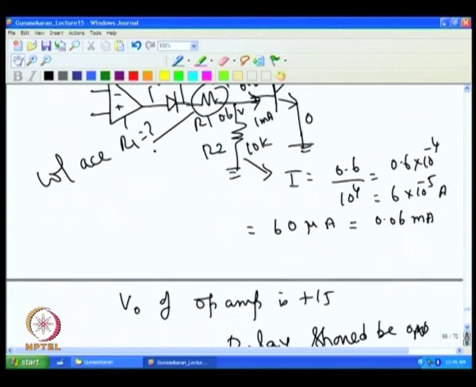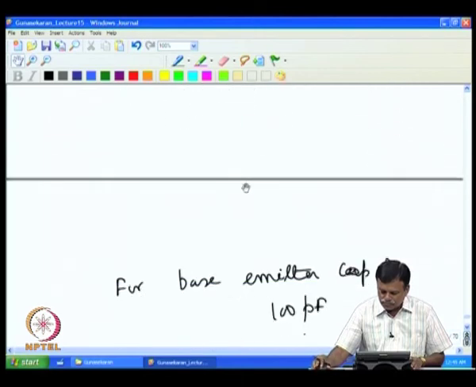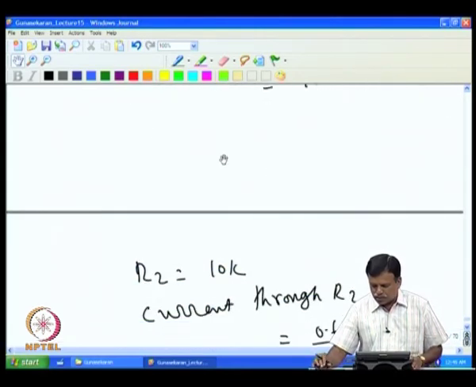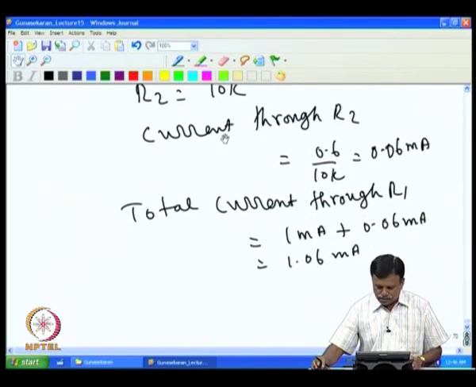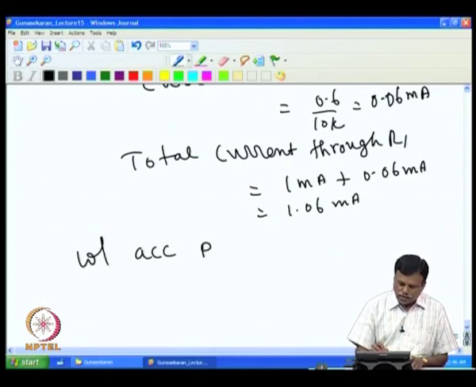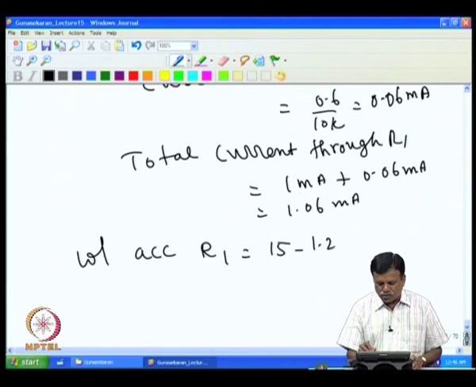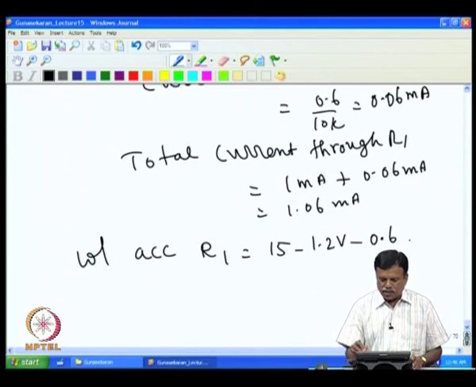So, we can do it like this. If you show the calculations, it works out to be like this. The voltage across R1 is actually 15 minus 1.2 volt, that is lost on the op amp, minus 0.6, that is on the diode D1, then minus 0.6, that is the base voltage.